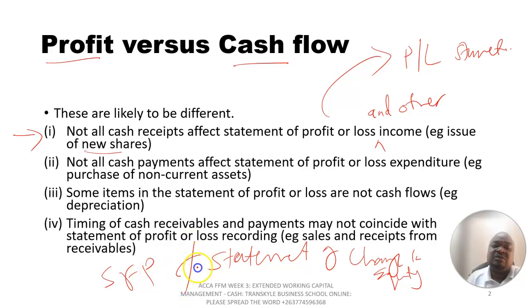These are the 2 statements that are going to be affected. Yes, in terms of cash flow, we are going to record that in the statement of cash flows. But the statement of profit or loss is not going to be affected. All right, so in that case, they are different.